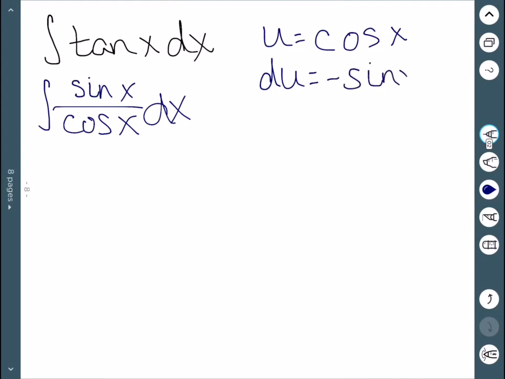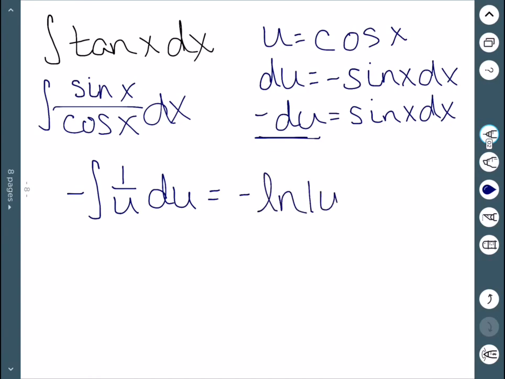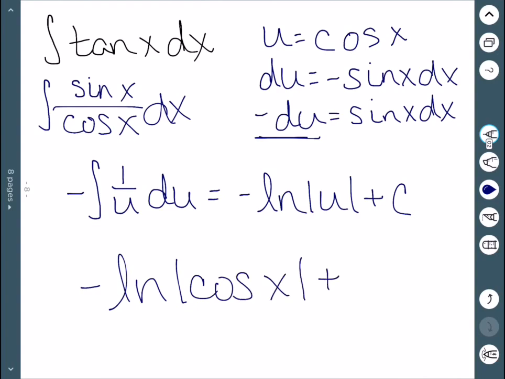So du would be negative sine x dx, or negative du is sine x dx. So this is the integral of the sine x dx becomes du, and the cosine x would become 1/u. And we have this negative sign here as well. So the integral of 1/u is ln of u. So we would have negative ln cosine x plus c.